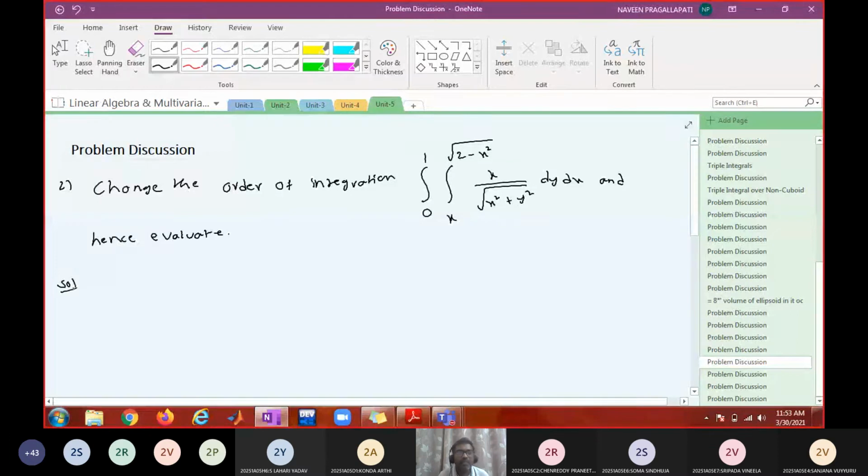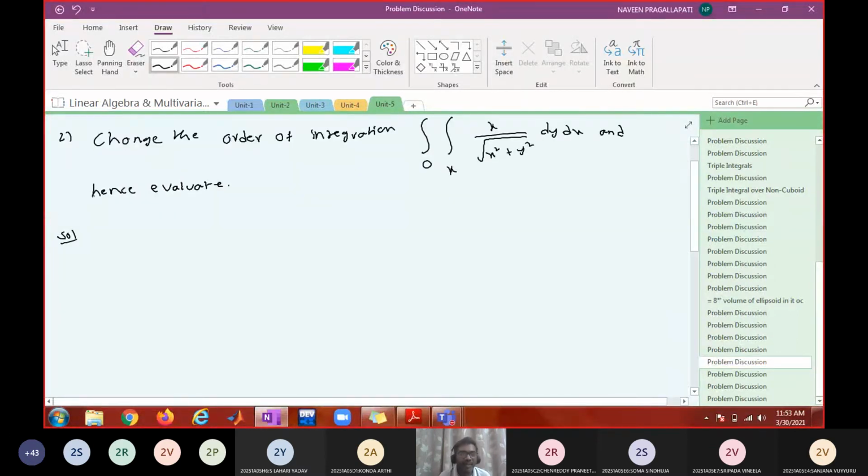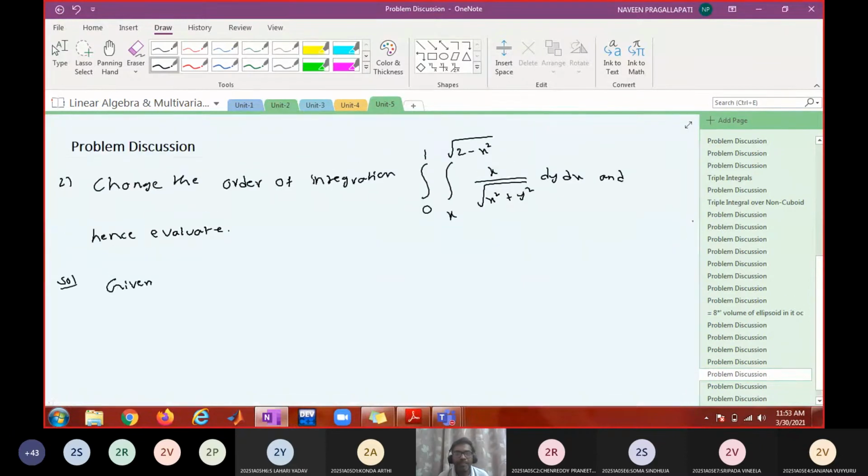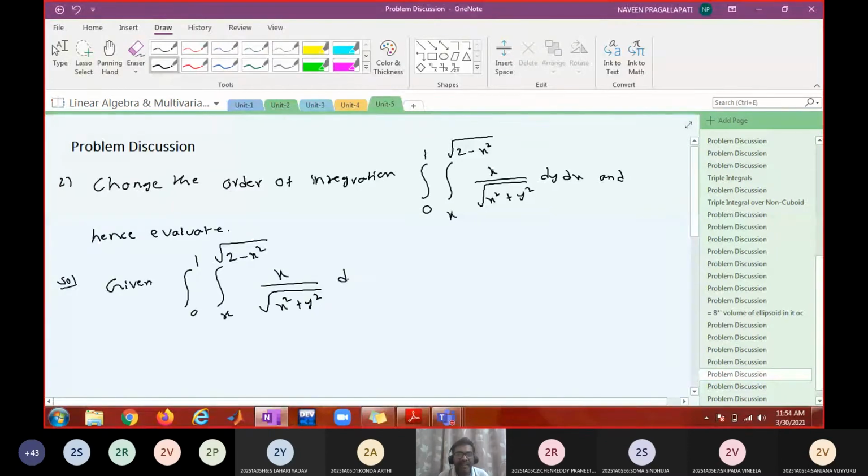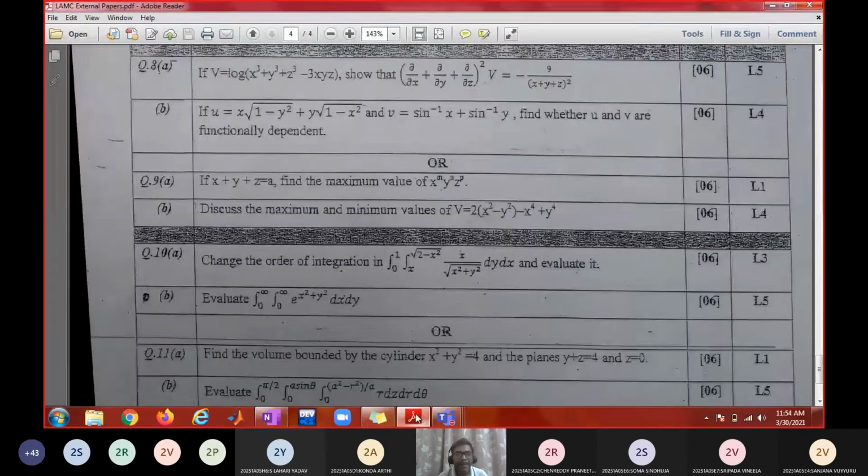Now what is given? The given integral is 0 to 1, x to root of 2 minus x square, x by root of x square plus y square, dy dx.